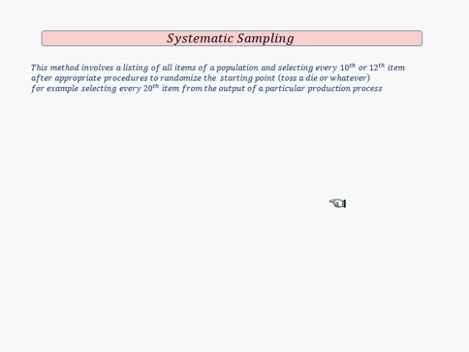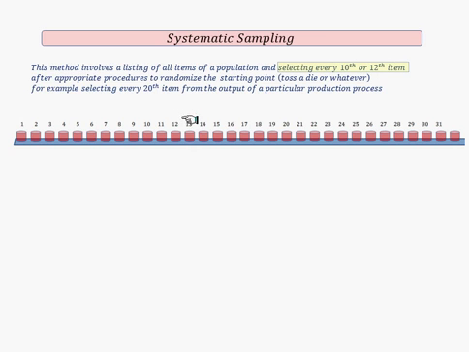Systematic sampling, on the other hand, is a method such that the items are laid out in space or time, and you take every 10th or 12th item and you randomize the starting point. As you can see on the screen here, we have typically a production process. These are items coming off the assembly line.